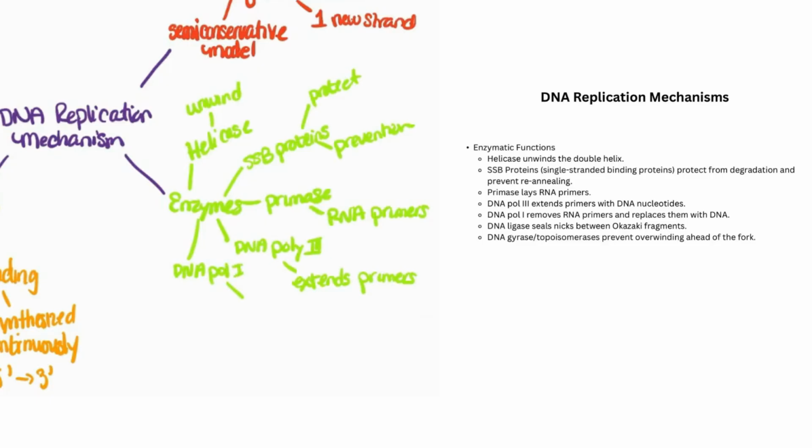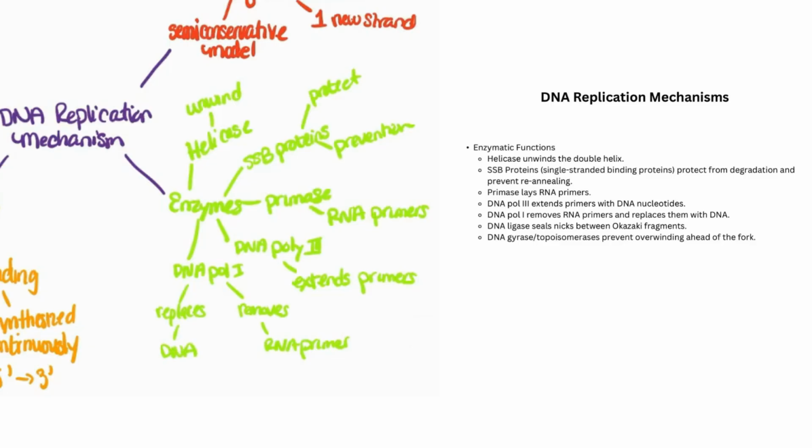Removes and replaces. So DNA polymerase 1 removes the RNA primers and replaces them with DNA.